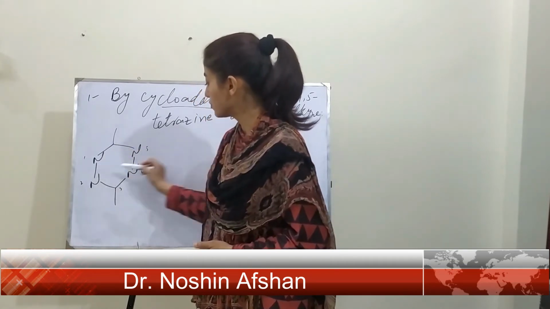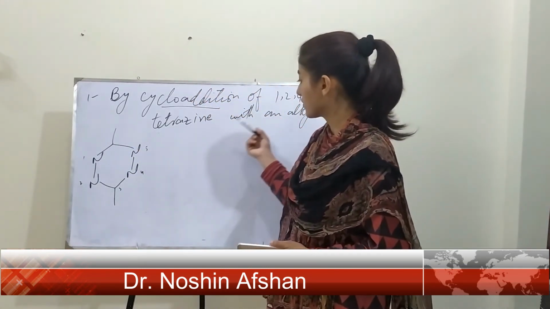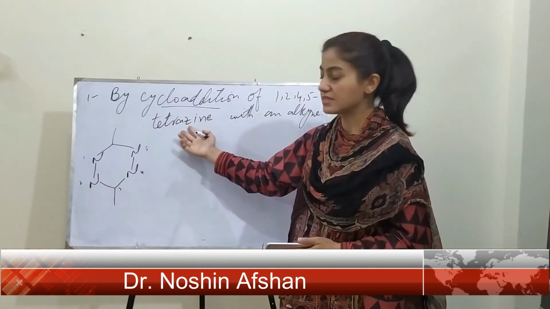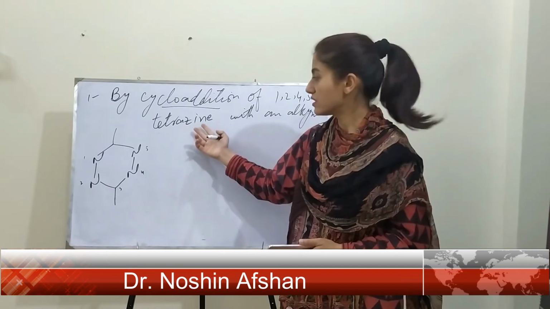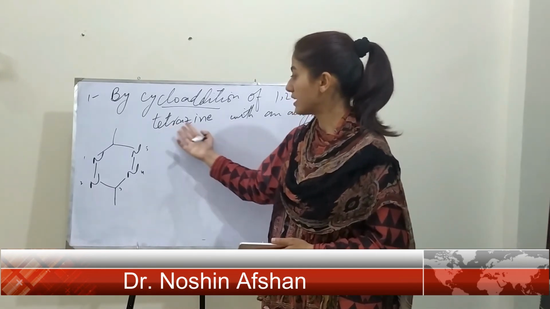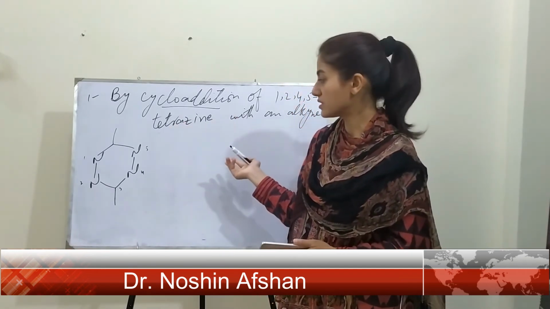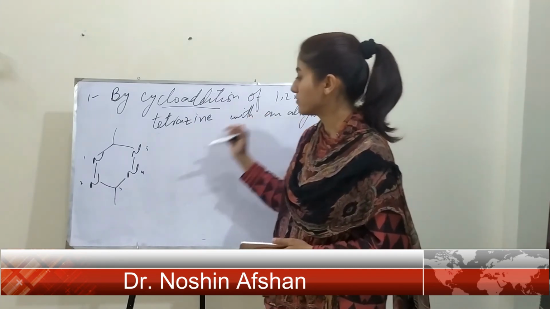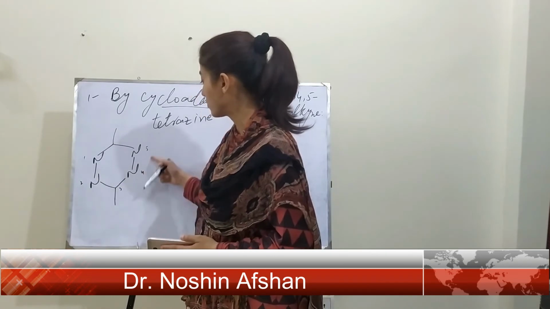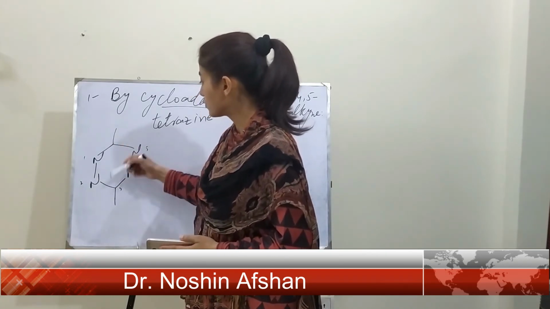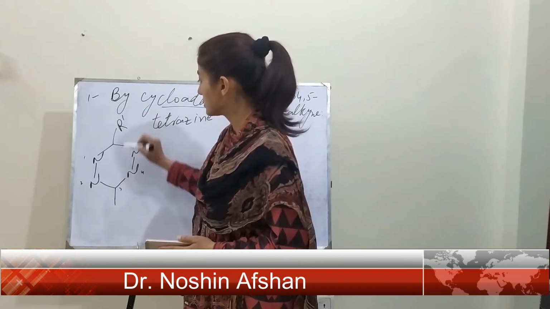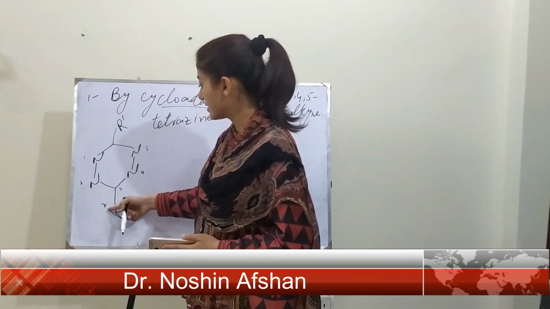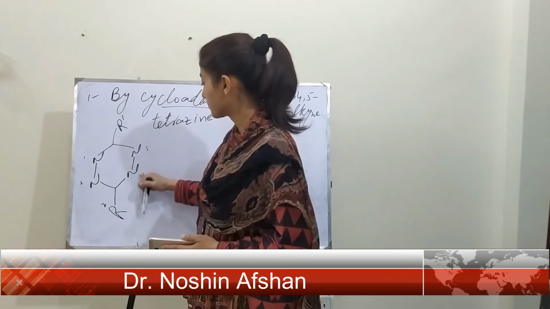Tetrazine means, as indicated, aza, the nitrogen, and tetra means 4 nitrogens are present in this compound at the positions 1, 2, 4 and 5. Here at these two carbons there are substituents present. This is R1 and here it is R2.